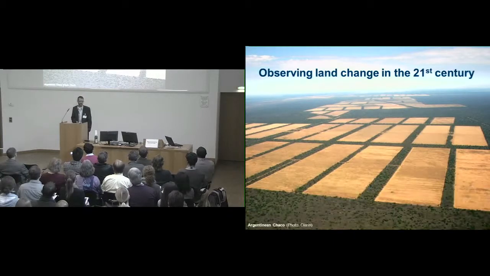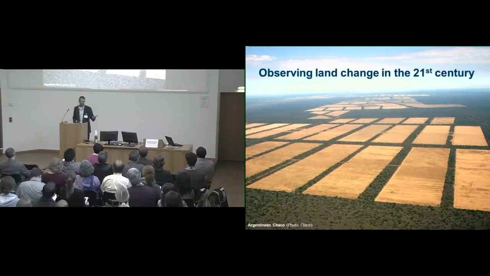This region was formerly called the Impenetrable. Very hard to travel in these environments. Very remote place, but recently this region has come into focus for agricultural expansion. What we see here is the expansion of soybean production especially, but also cattle ranching, making this region into one of the global deforestation hotspots.